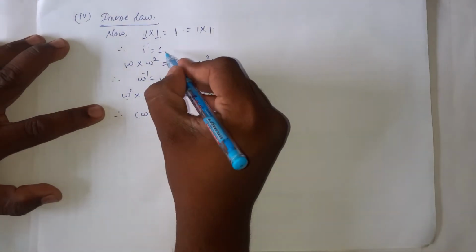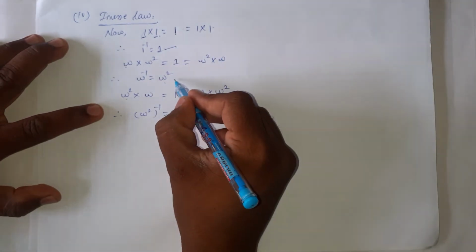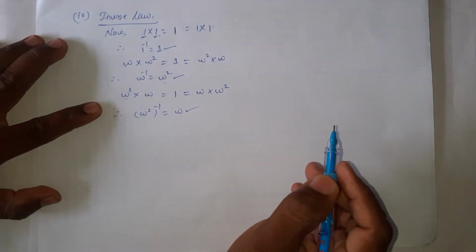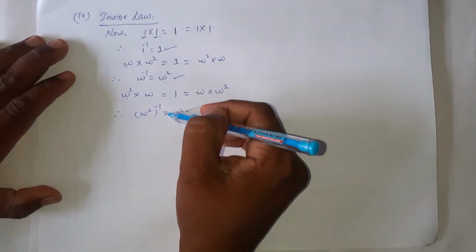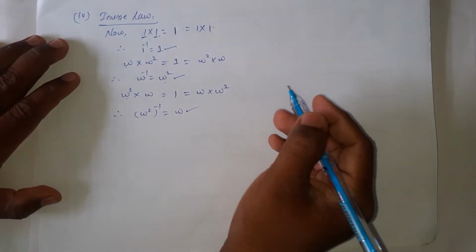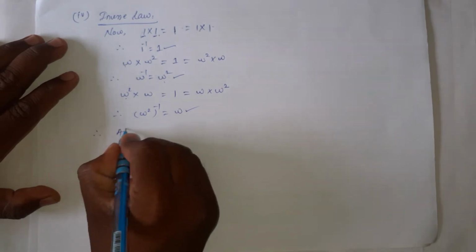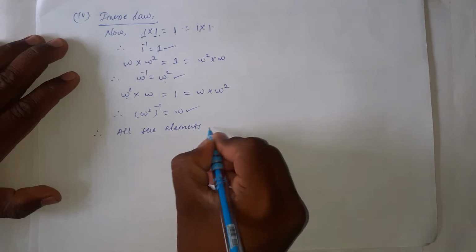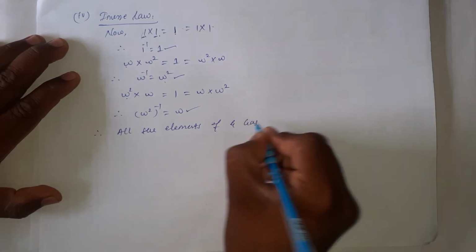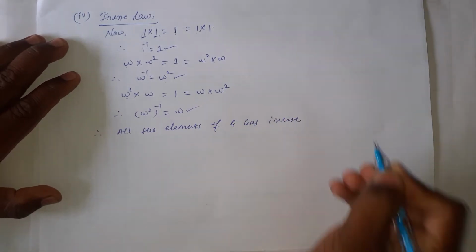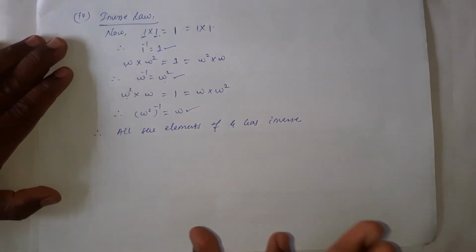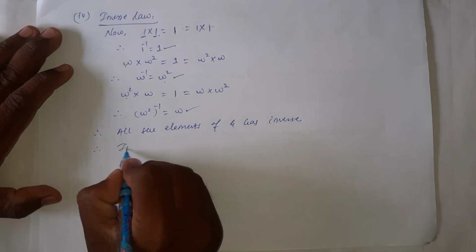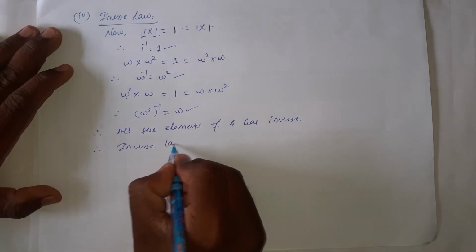We know that the inverse of 1 is 1, the inverse of omega is omega square and the inverse of omega square is omega, which means all 3 elements of G have inverses. So inverse law is satisfied.